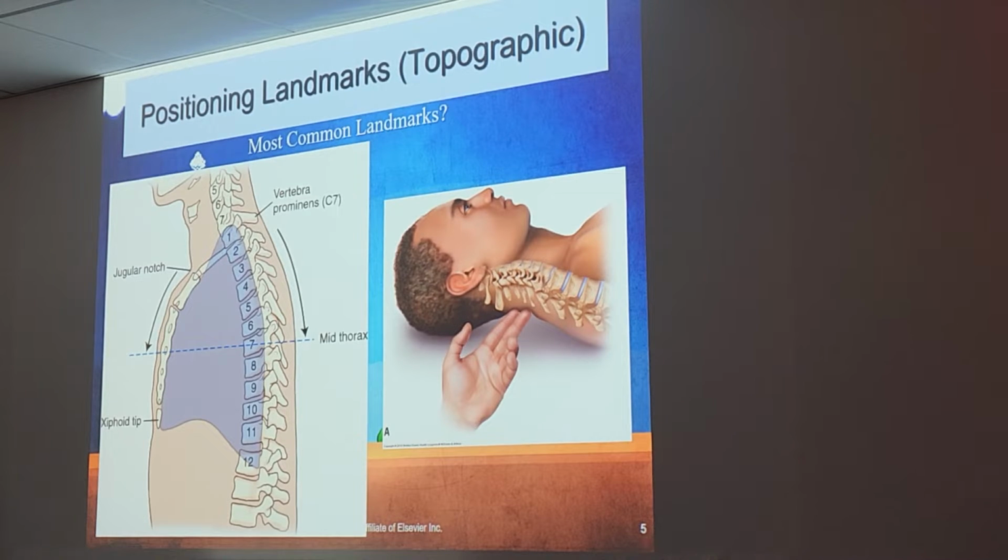And if we're doing an AP chest, we use the jugular notch and the imaginary nipple line, or the axilla, which is going to put us at T7. And we can also use the xiphoid tip whenever we're doing the diffuse position to make sure we're in the mid-sagittal plane. Ma'am, jugular notch is between 1 and 2 or is it at 1? It's at the level of T2.